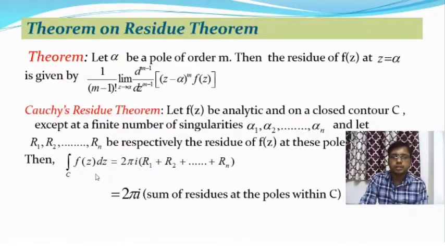So that is, closed integration over C f z dz is equal to 2 pi i into the sum of the residues at the poles within C.